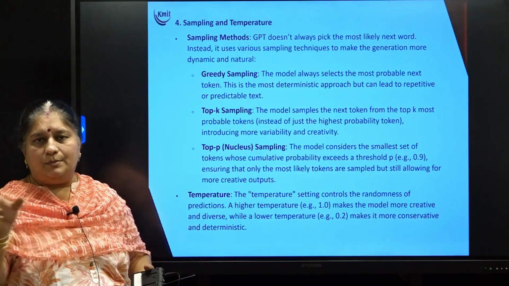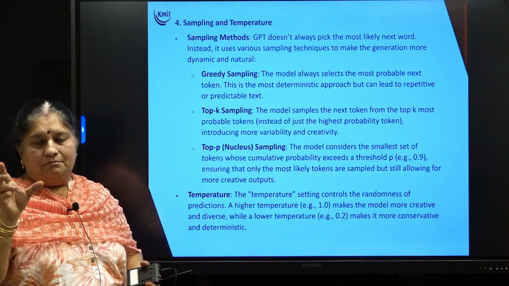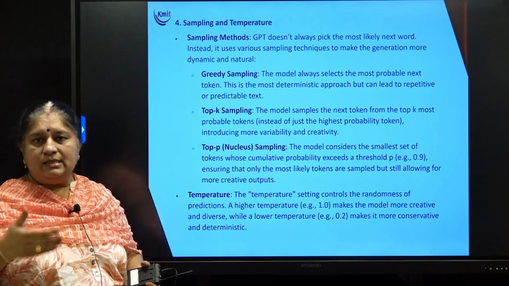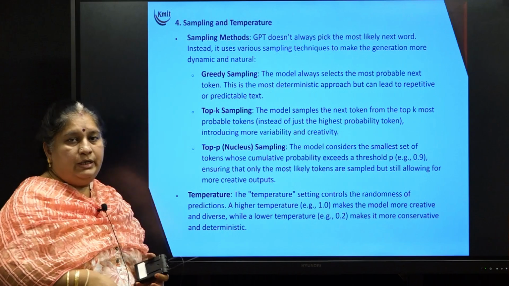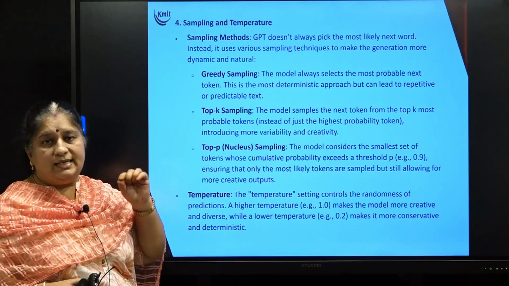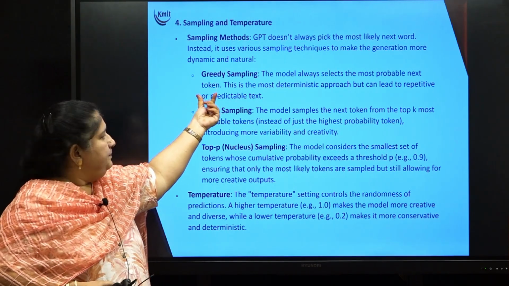"Cat sat on the mat," because I wanted a rhyming thing. It will fill the next word as "mat" because that is the most commonly used. If the model predicts the most commonly used next token, we say the model is using greedy sampling.